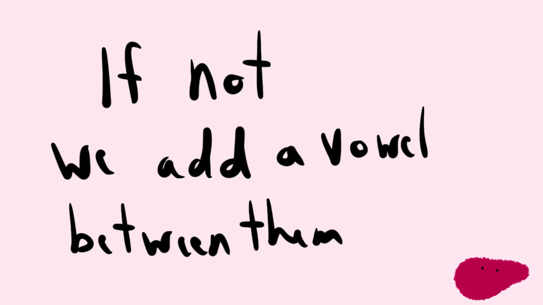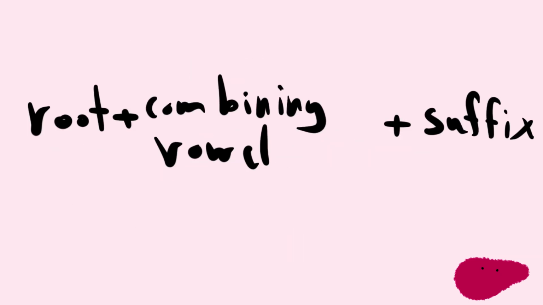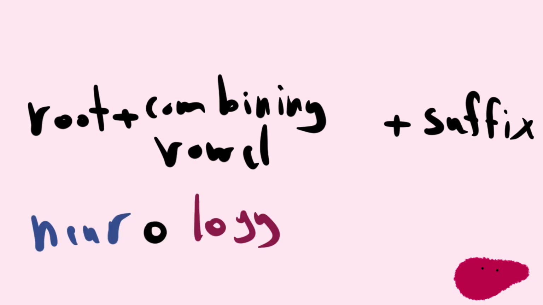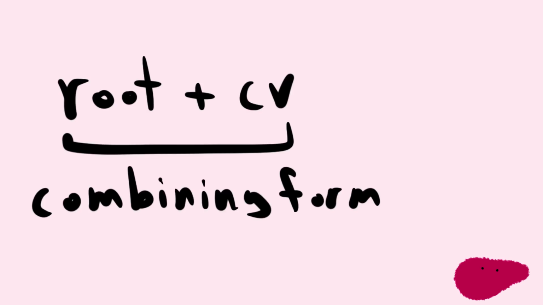If not, you have to add a vowel between the root and the suffix. Like neurology, because the suffix logy does not start with a vowel, we add O. Mostly the combining vowel is O, but there are also A, I, and E. A root with a combining vowel is called a combining form.